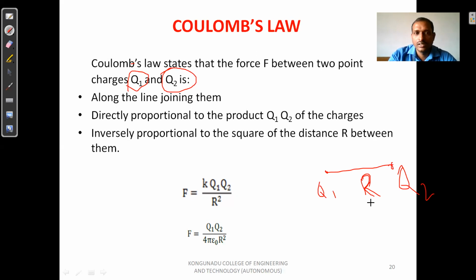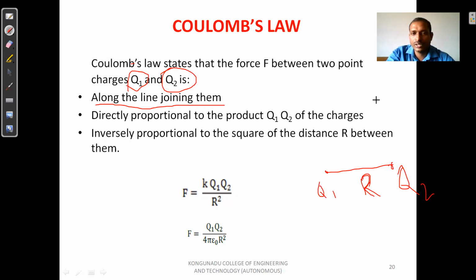So this is Coulomb's law. Same charges repel each other, opposite charges attract each other. If the two charges are separated by a distance r, they will experience some force along the line joining them.